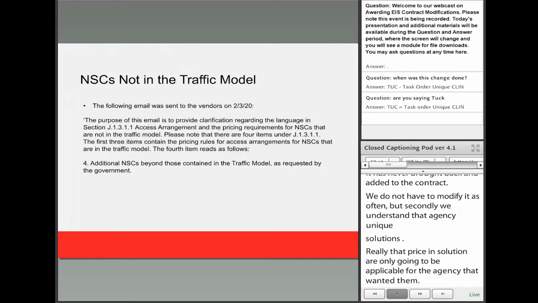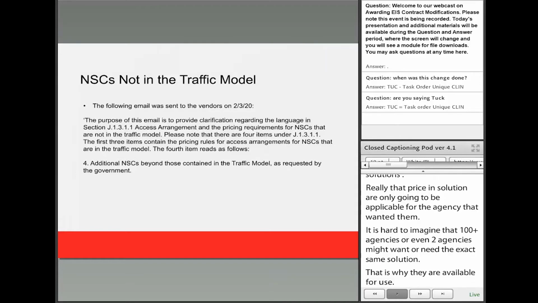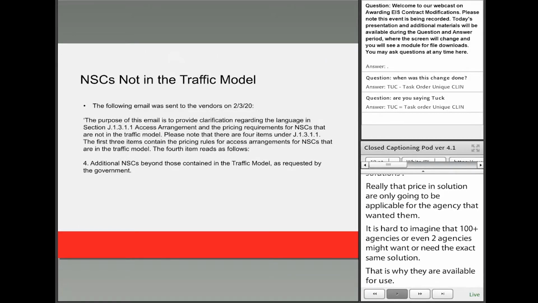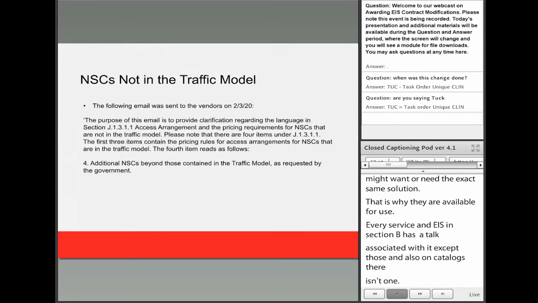And every service in EIS, in Section B, has a TUC associated with it except NSEP, TSP, and also on catalogs there is no TUC for SREs. But other than that, we like you to use the fixed prices on the contract when they suit your needs. But if you need a custom solution, then a TUC is a good way to go.